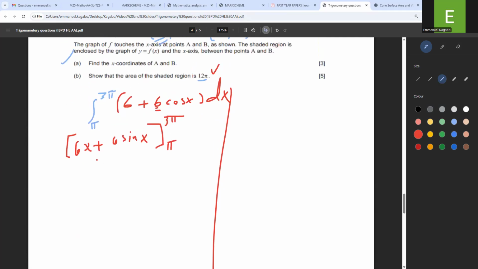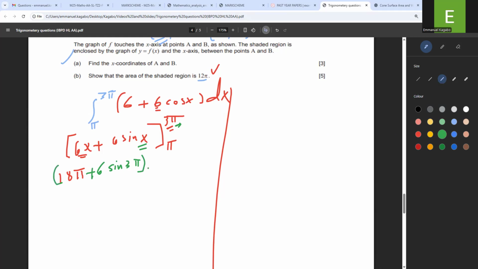Now, what do I do next? It's just substituting. So I'll get 18 pi when I put in 3 pi. I'm substituting the upper limit first, so it gives me 18 pi. What if I put in the lower limit? I'll get plus 6 sin 3 pi. Are we together?